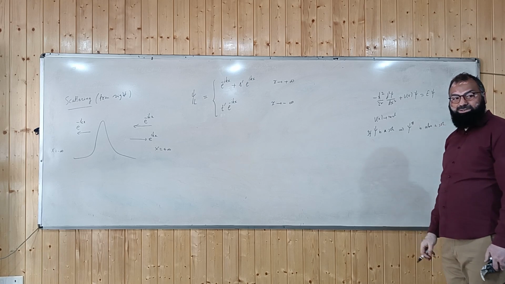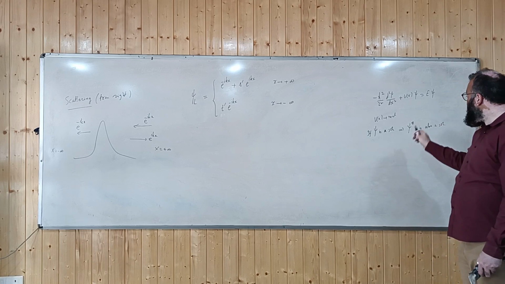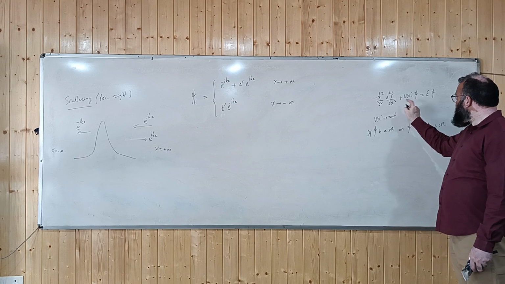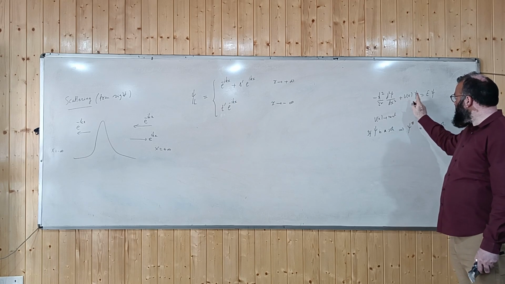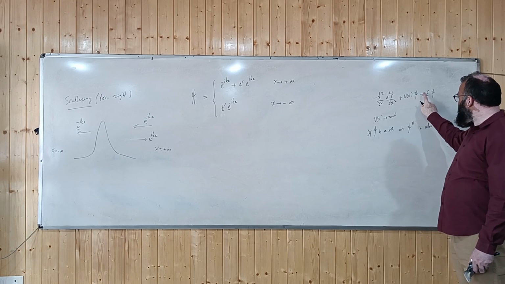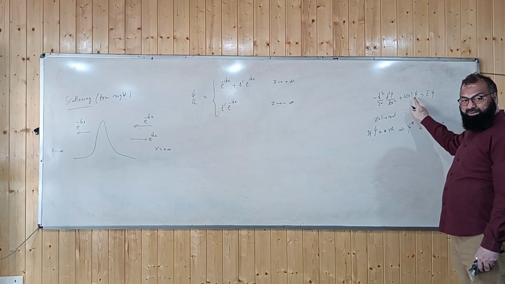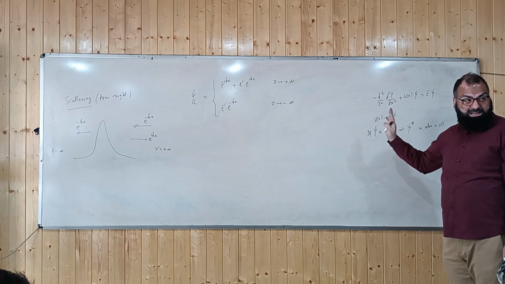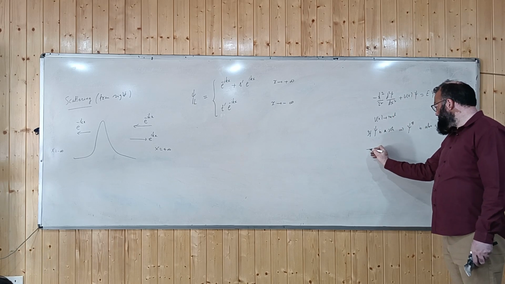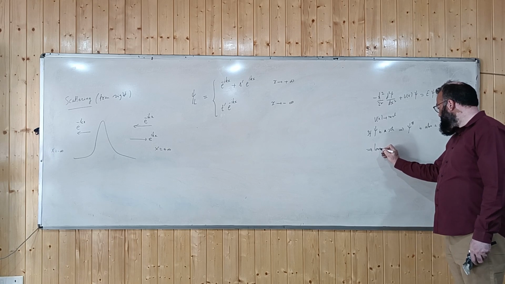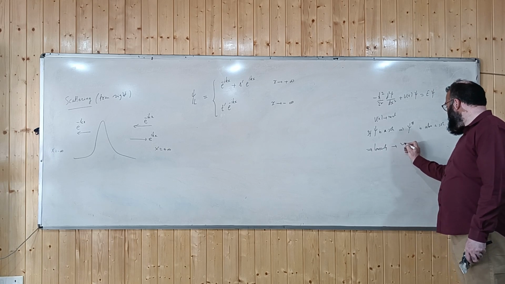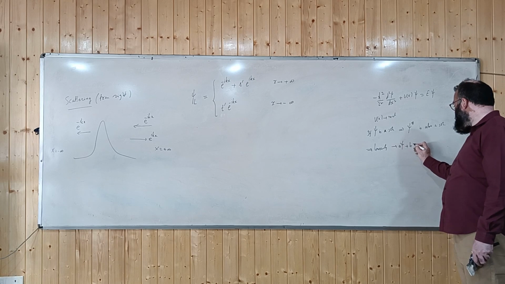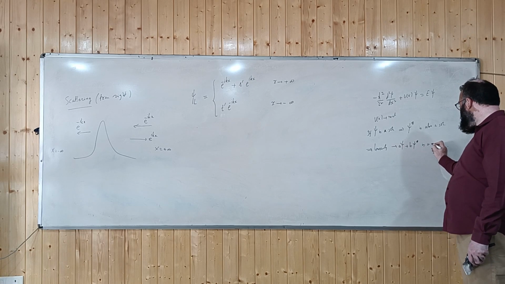So the complex conjugate is also a solution. You can complex conjugate this very equation. Since V is real, if you complex conjugate, it will be V psi star equals E psi star. Now V is real, so psi star satisfies this differential equation. It is a solution. So by linearity, A psi plus B psi star is also a solution.